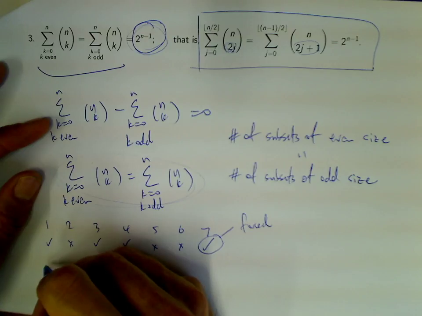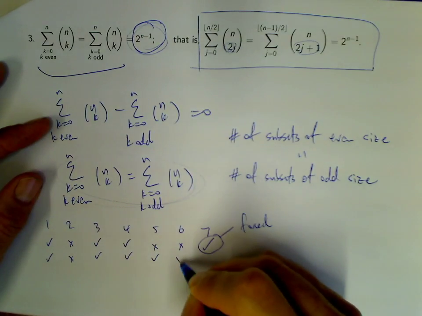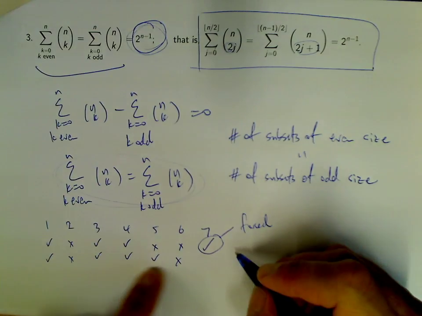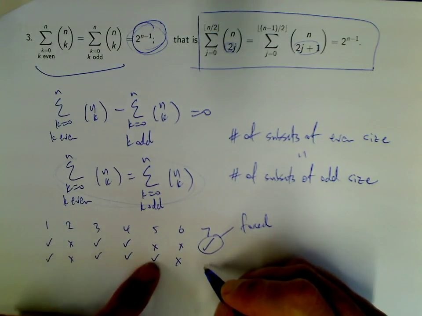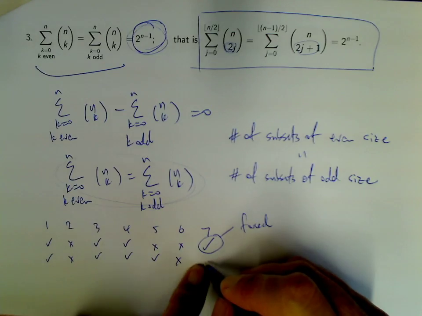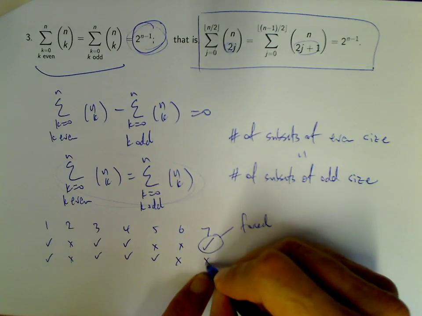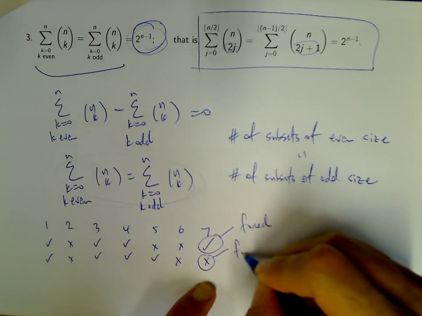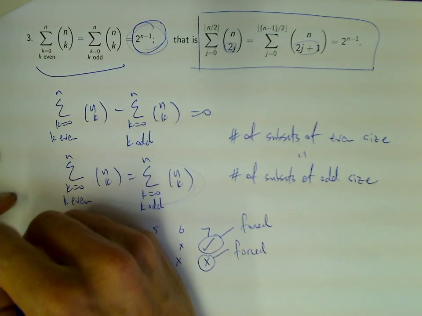And if I had come through and gone yes, no, yes, yes, yes, no, then again, I have no choice here. I've got 1, 2, 3, 4. So I've already got an even number, and if I add this one in as well, I'll end up with something that's odd, and so I don't get any choice on that one. So this was also forced. So here we were trying to get an even subset.